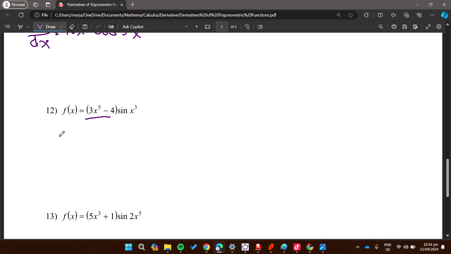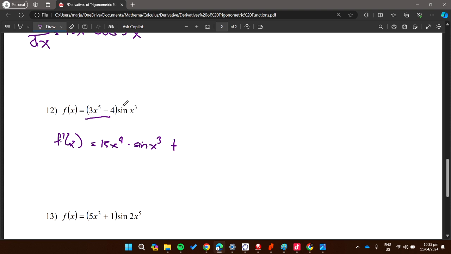Let's see. F prime of x. So, again, anong derivative ng nito? Derivative of the first, that is just what? 5 times 3, that's 15. So, you have 15x to the fourth. Alright? That's our derivative. And then multiply it by our second, our sine x, plus derivative of this one.